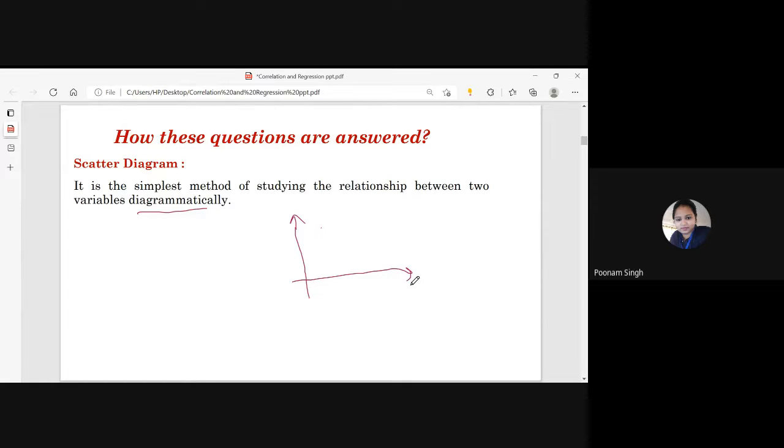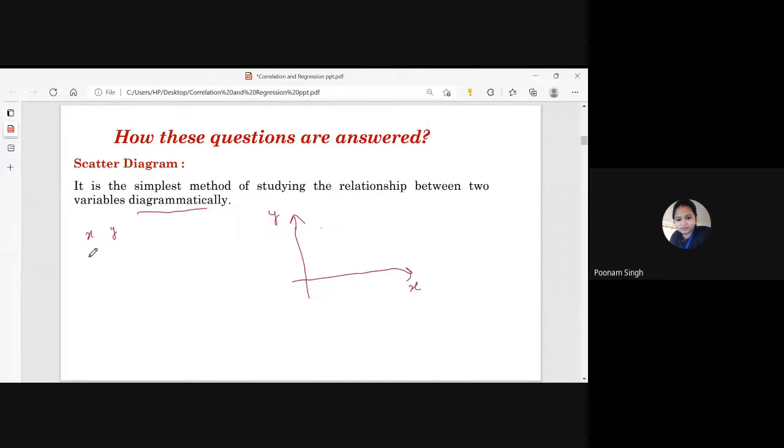The horizontal axis we represent by x, and the vertical axis we represent by y. And whatever pairs of observations are there in your data set, for example, you have collected the data x and y. For example, I am taking x as the height of father, and y as the height of son.